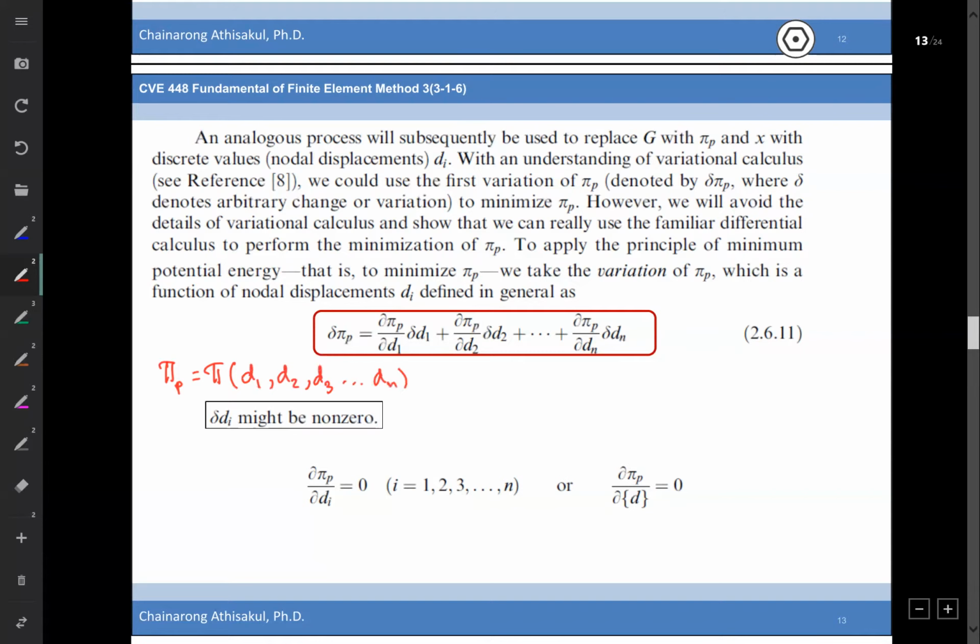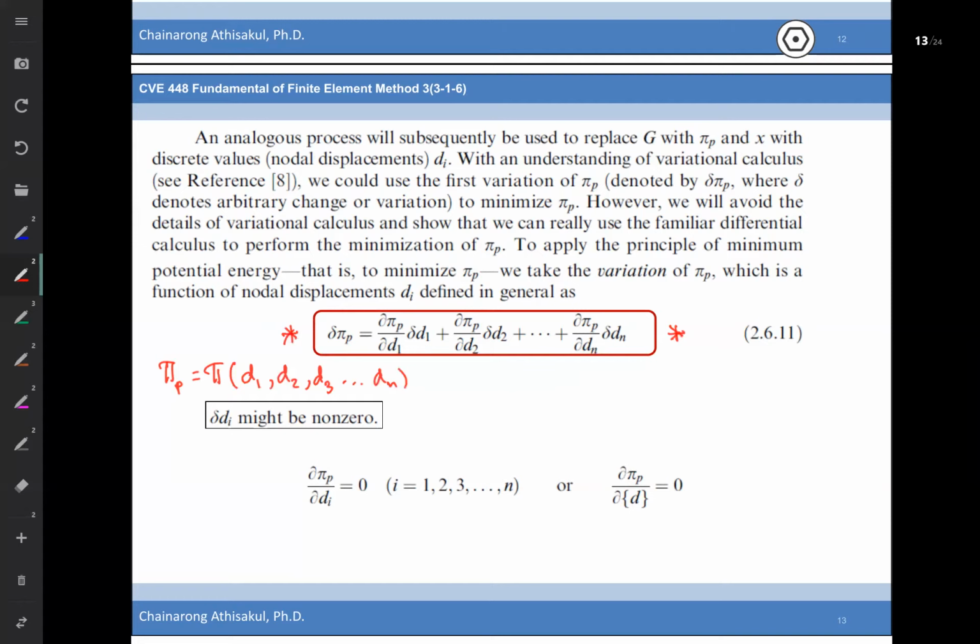Based on calculus of variation, we can write the variation of pi by this equation, if we would like to minimize the function pi.